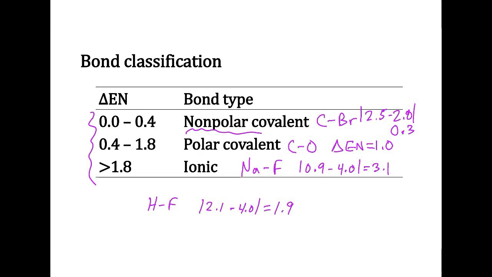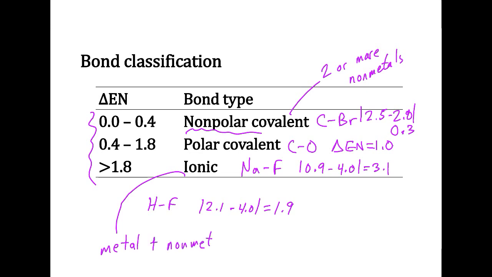Remember that we classified covalent or molecular compounds as consisting of two or more nonmetals. And then for ionic compounds, we had a metal plus a nonmetal, or if we had a polyatomic ion, it might have been more than one nonmetal.